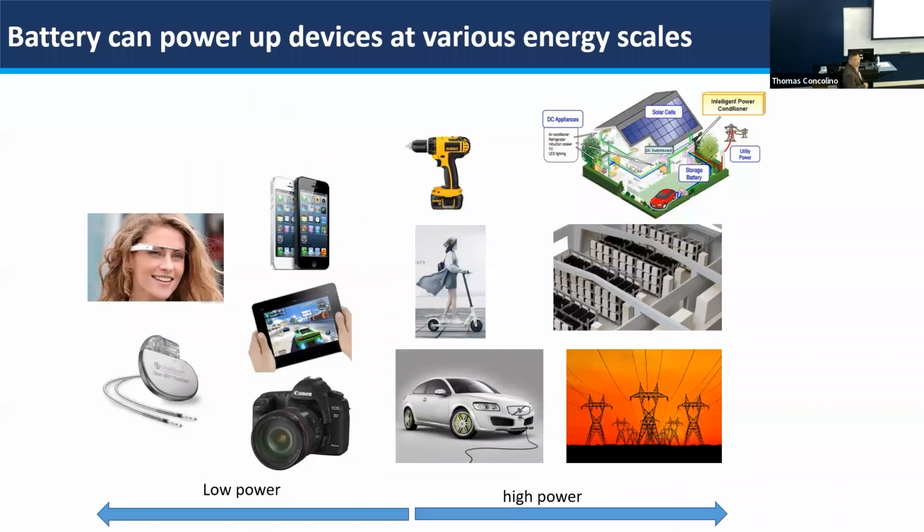Batteries can be used in many applications, as you know, from very low power, small devices to very large energy storage units, such as buffer units or grid energy storage, or for electric vehicles.